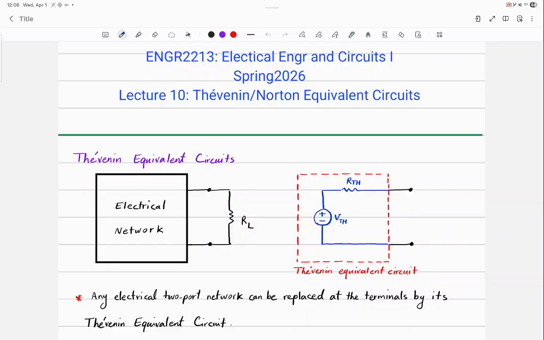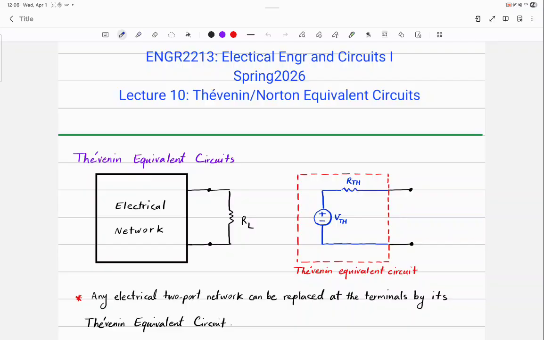Now, what the Thévenin equivalent circuit does is model the whole electrical network with a very simplified circuit made of only one voltage source and one series resistor. Why is that important to us? Because it simplifies our analysis very much, right?